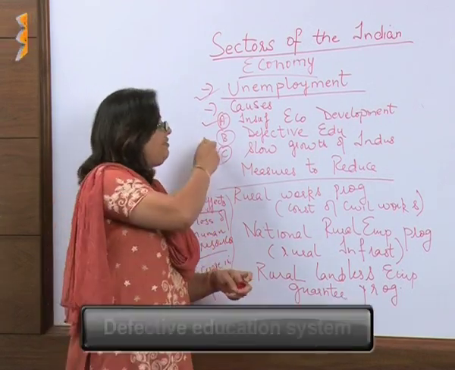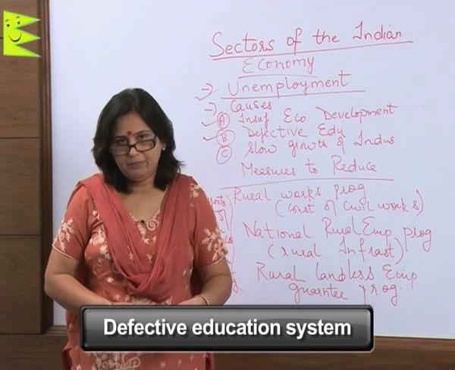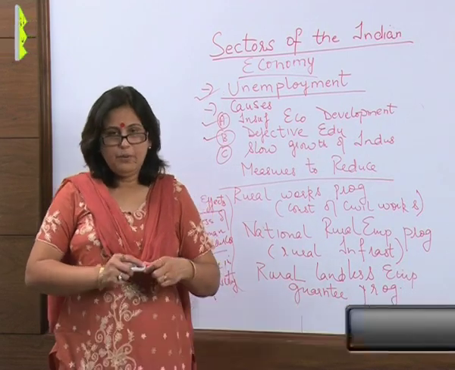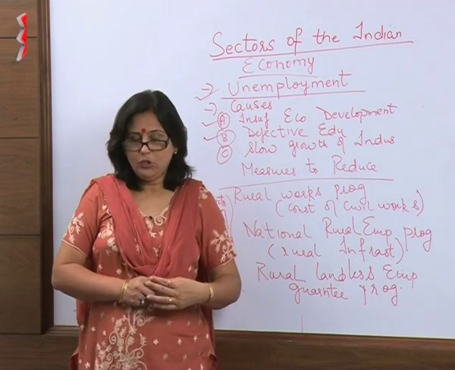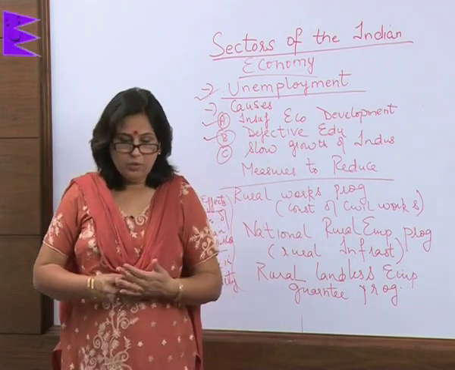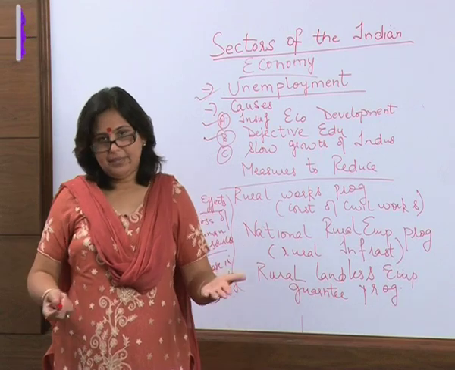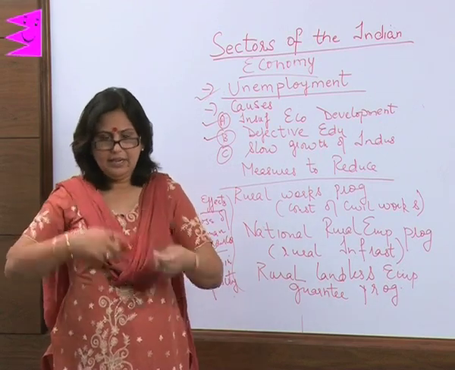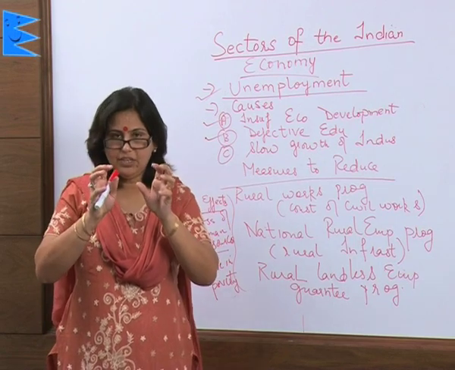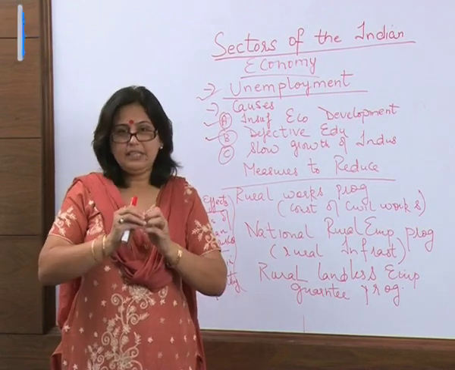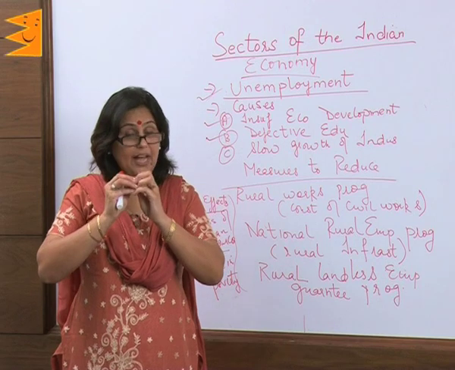Next is defective education system. We all know that the education that is provided to the children is almost like making them parrots, reciting, learning, cramming, giving them no technical knowledge, not even enhancing the skill in which they are good.